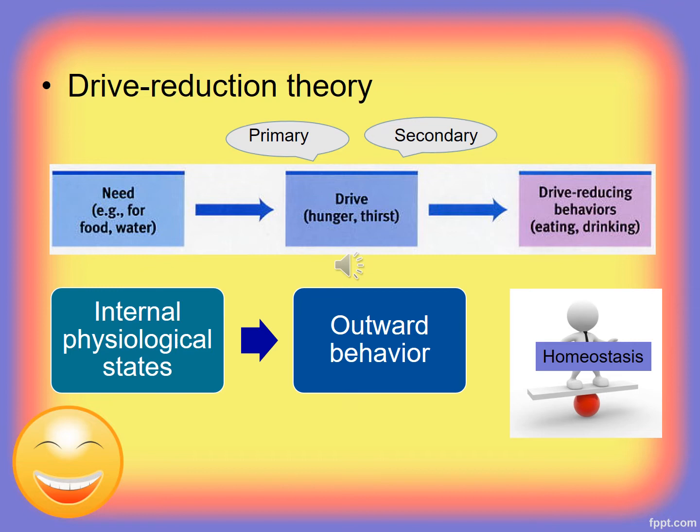Another theory trying to understand motivation is drive reduction theory. It focuses on the concepts of needs and drive. A need is a requirement of some material, such as food, water, or a house, or whatever is essential for survival.